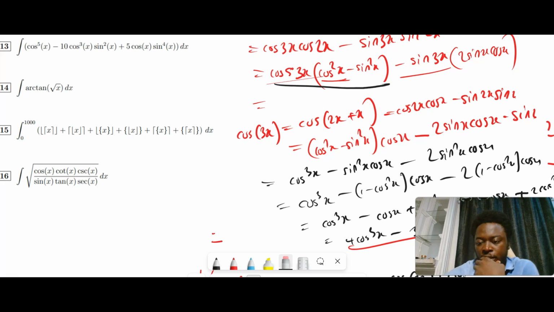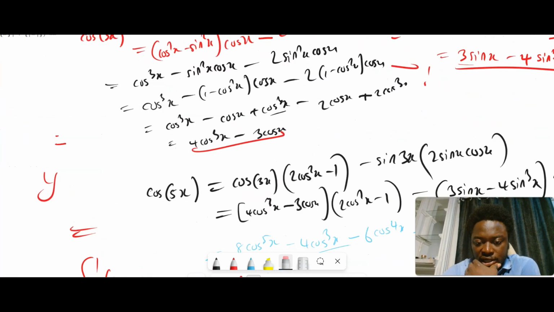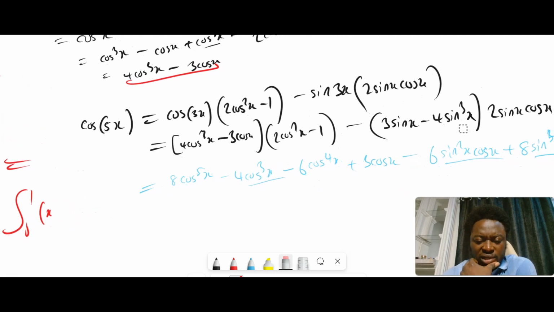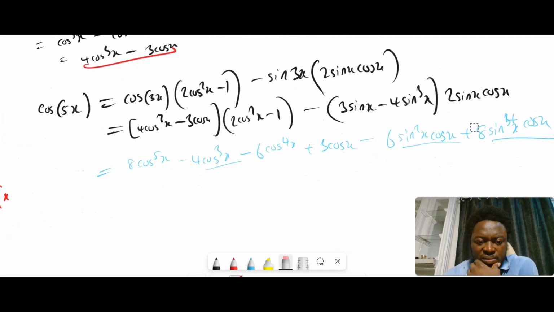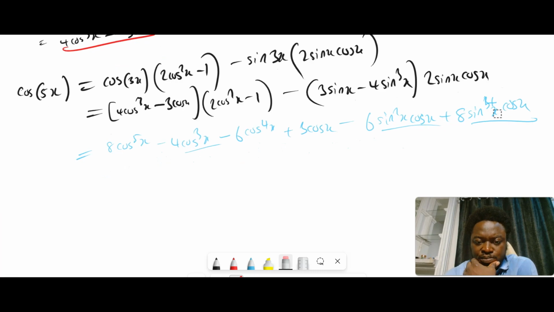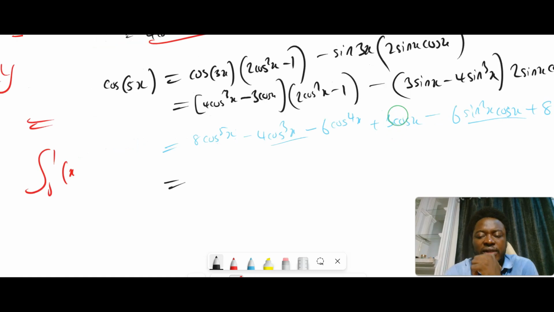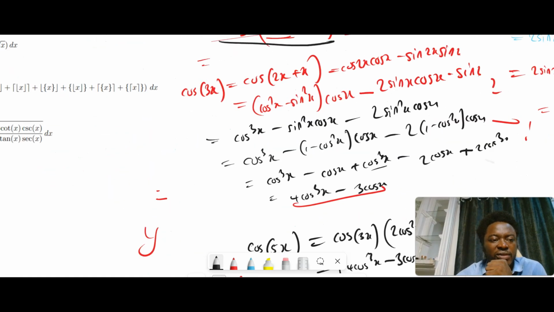Okay, I think I will have to make a separate video of this. Getting a bit confusing. Now let me just simplify to the end though. Let's see if anything happens. Then sine square cosine. Okay, I have a sine square cosine. Do you have a sine square cosine here?